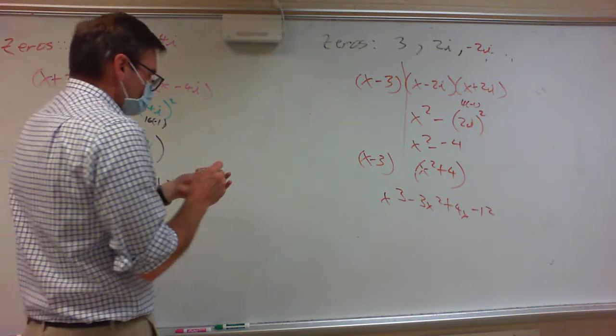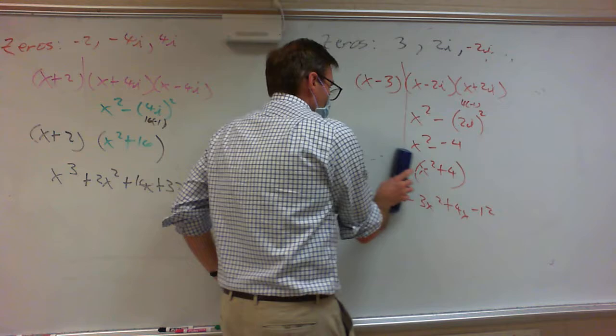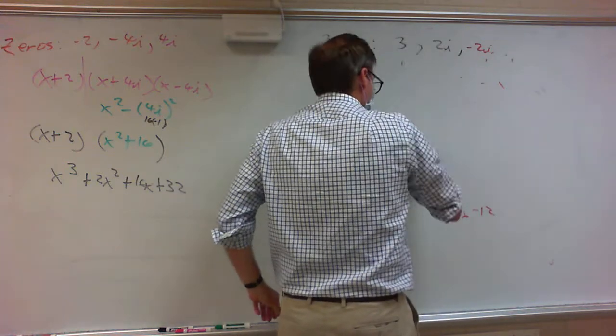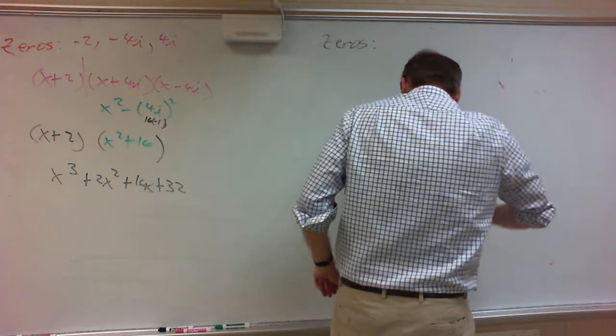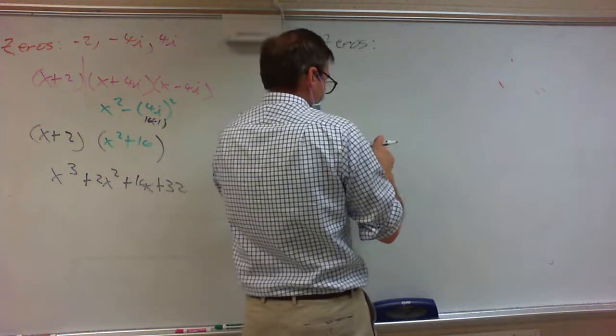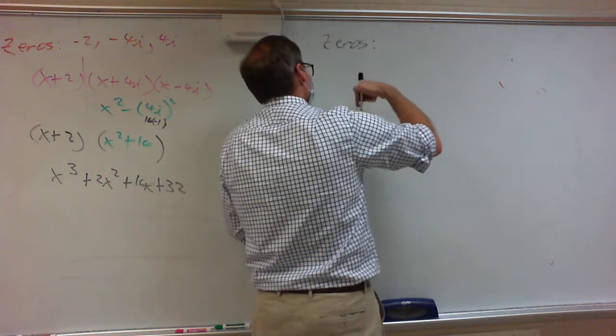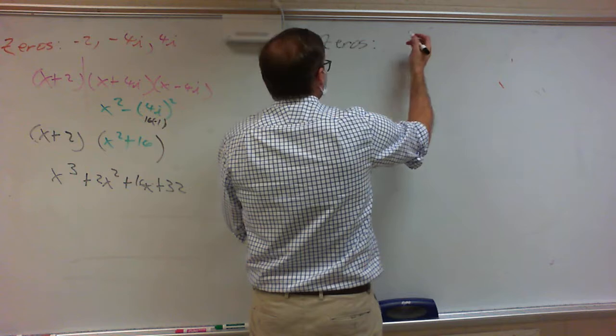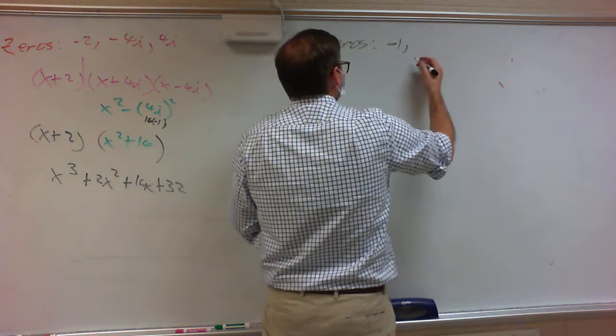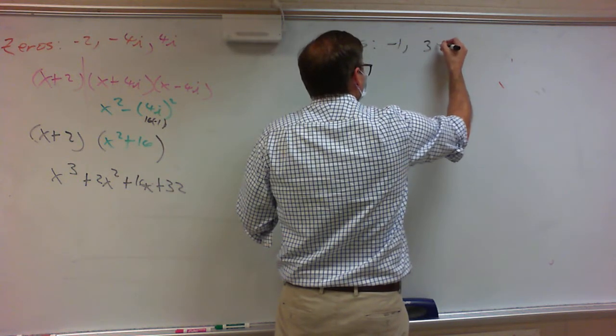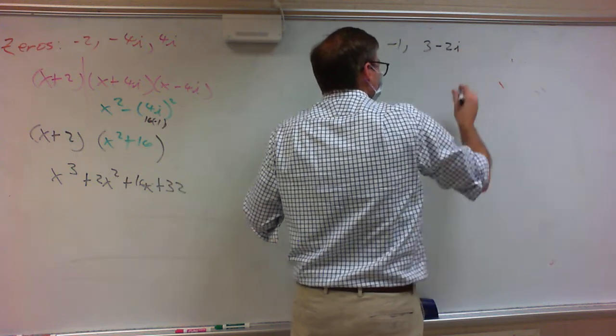All right. I'll give you zeros at -1 and 3 minus 2i.